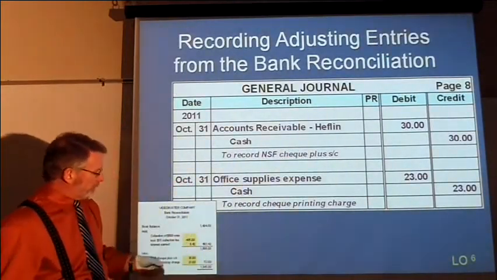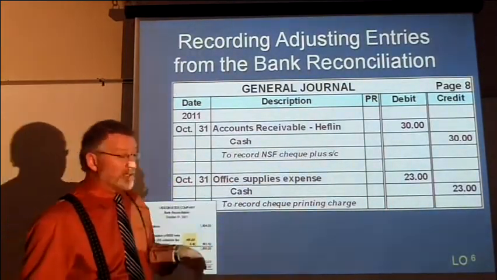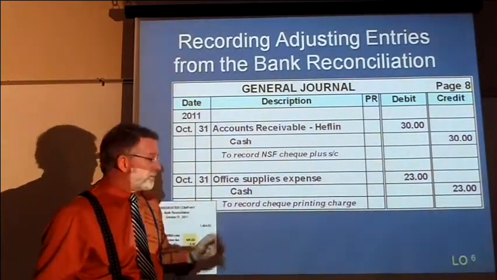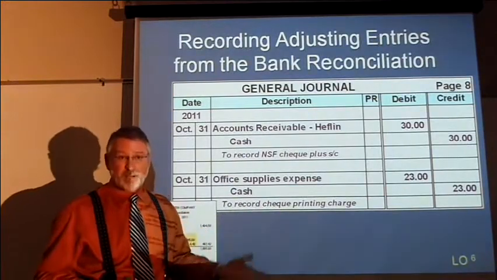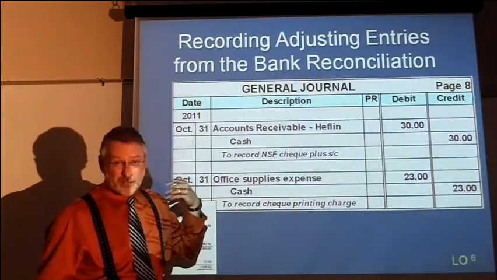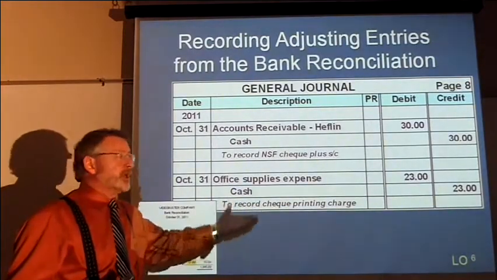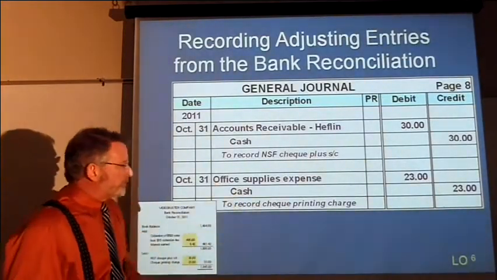The other thing that reduced us was the printing of the checks. So the office supplies expense being debited for $23, and cash going down by $23, because remember, the bank took $23 out of our bank account. So we're reducing our bank account in our records by the $23, and that's the reason why.